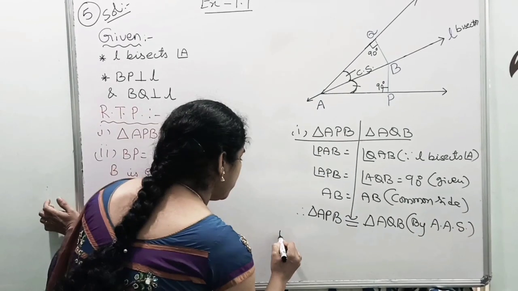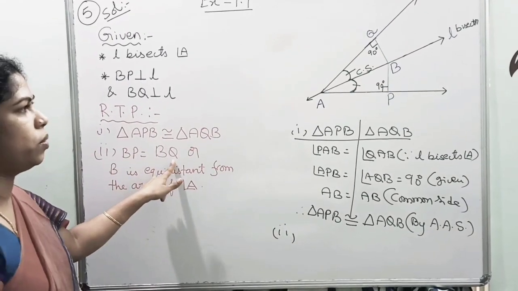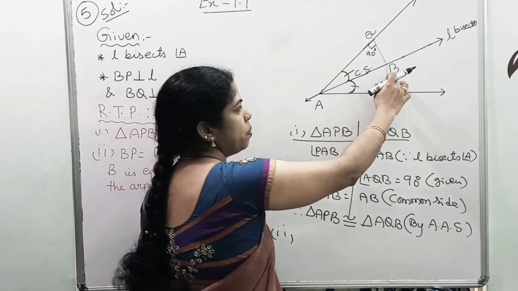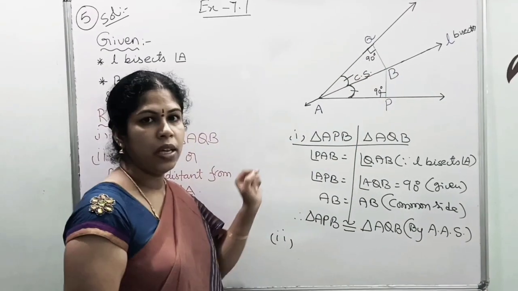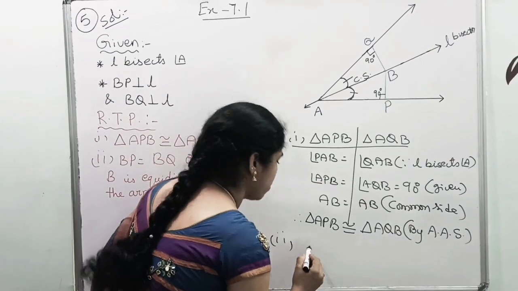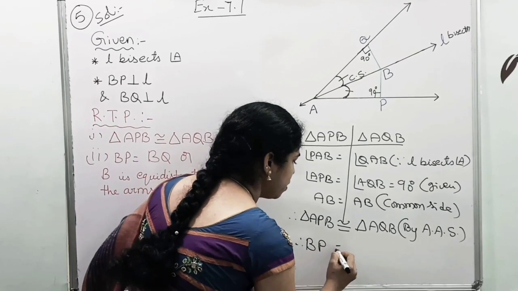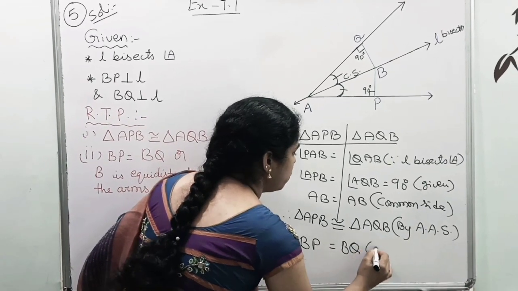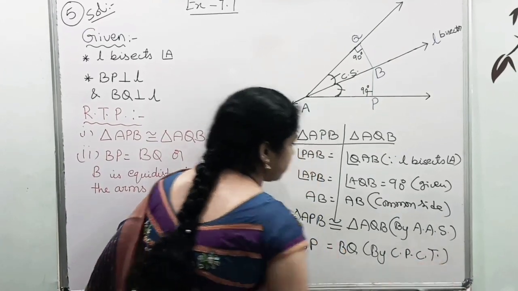The second point they asked is BP is equal to BQ. If you observe BP and BQ, they are corresponding parts of the congruent triangles. Therefore, they are always equal. Therefore BP is equal to BQ by CPCT.